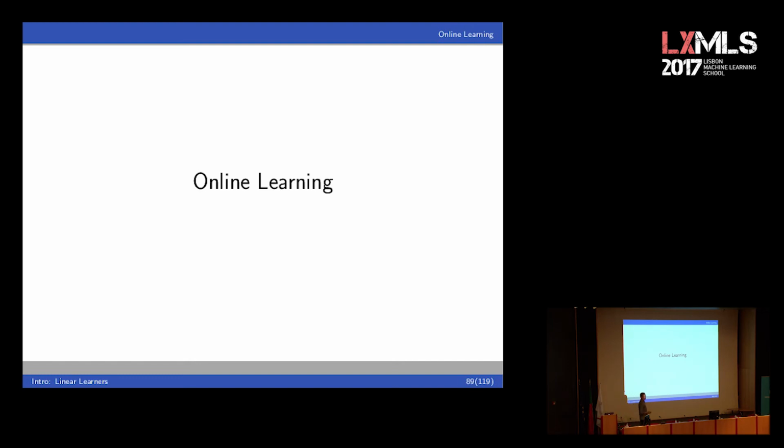Okay, online learning. So now we have seen how to make our models better by introducing regularization to make them work better on unseen data. Now online learning is all about how to make the algorithms better, more efficient and less memory intensive.